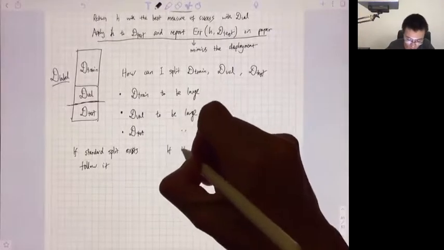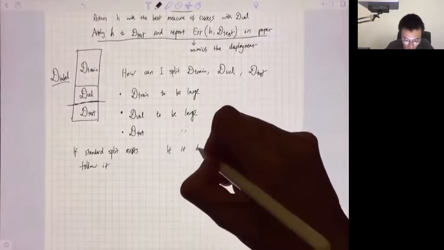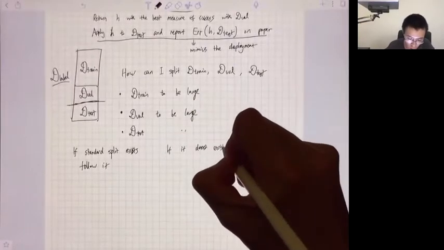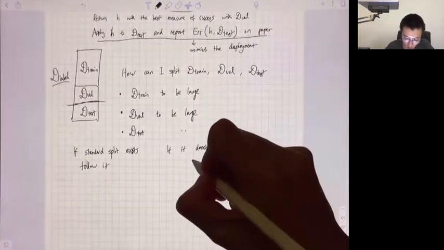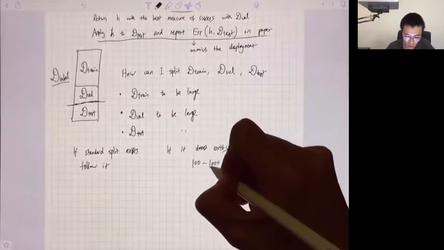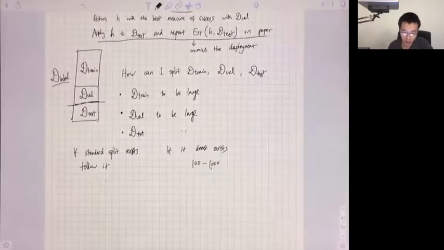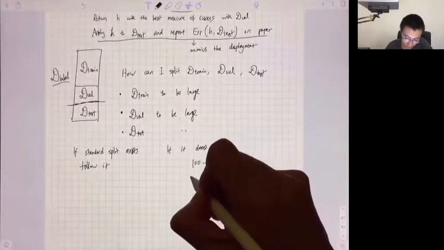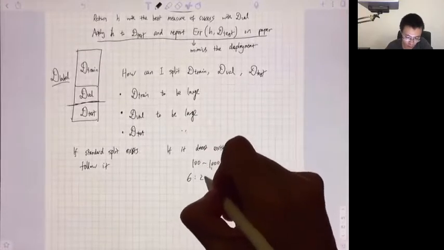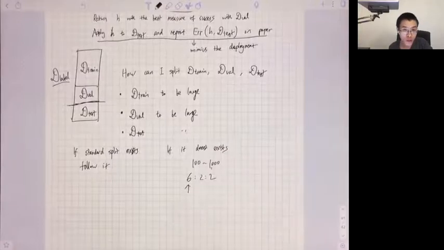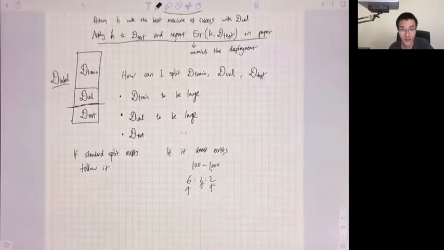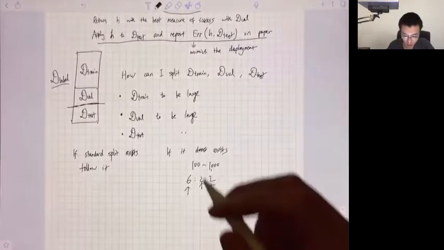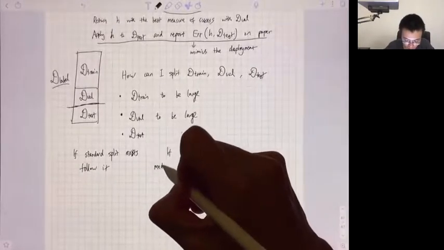If the standard split doesn't exist, you think of what your data size is, okay? So for example, maybe you have like 100 samples or 1,000 samples, the rule of thumb is maybe, for example, 6 by 2 by 2, okay? 60% goes to training, 20% goes to validation, and 20% goes to test, okay?